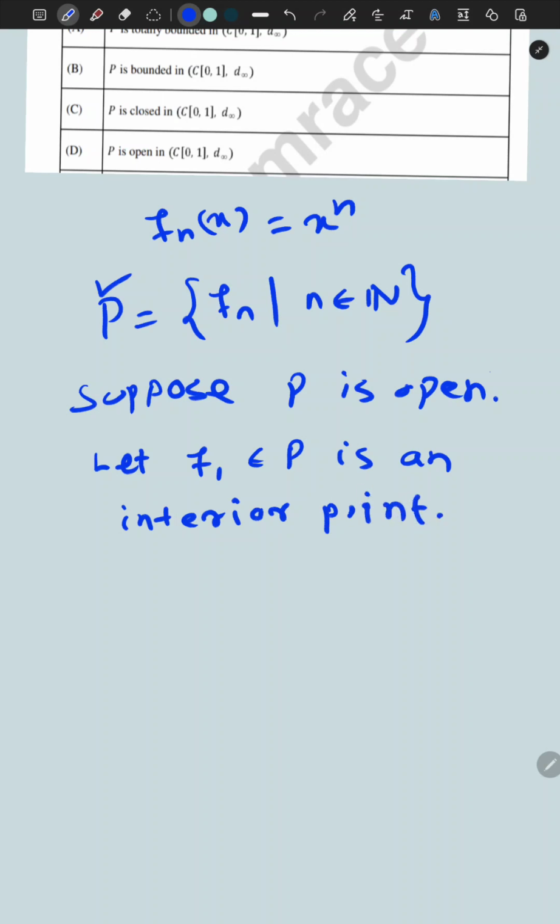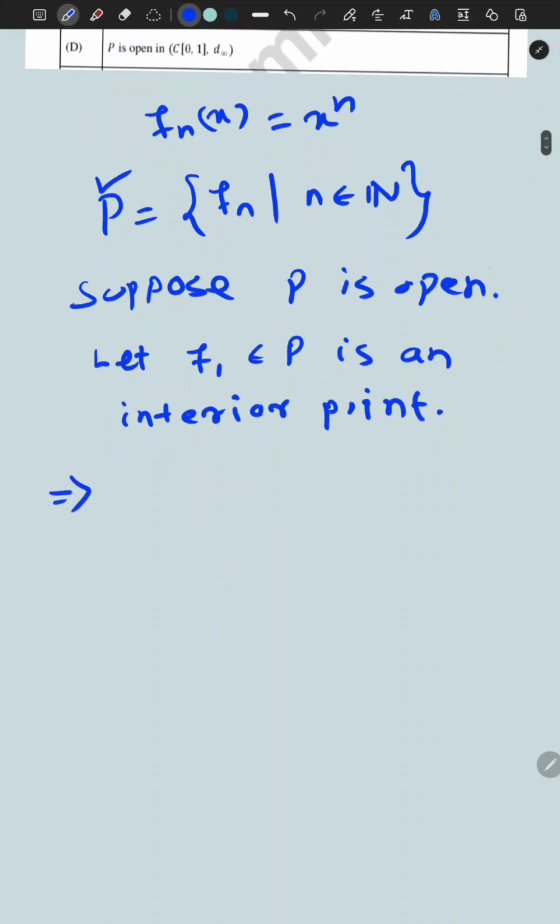This implies there exists a ball B(f_1, epsilon) which contains f_1 and is a subset of P. This is the definition of an interior point.